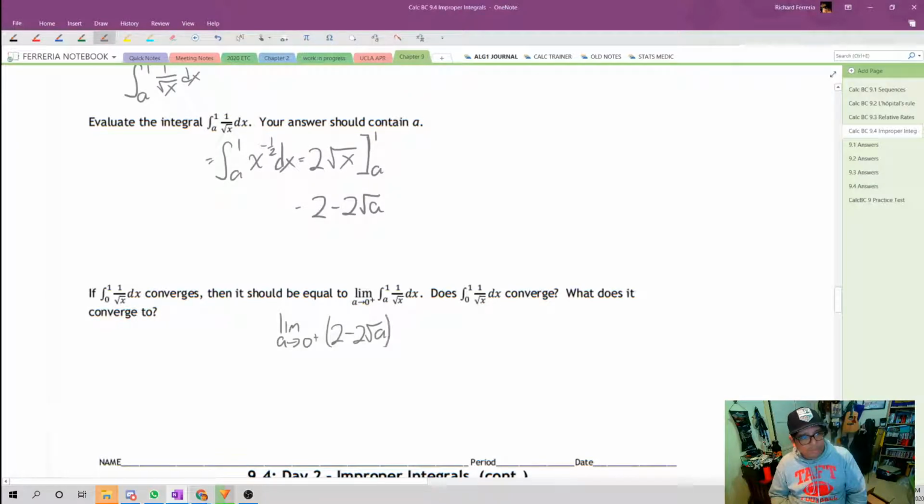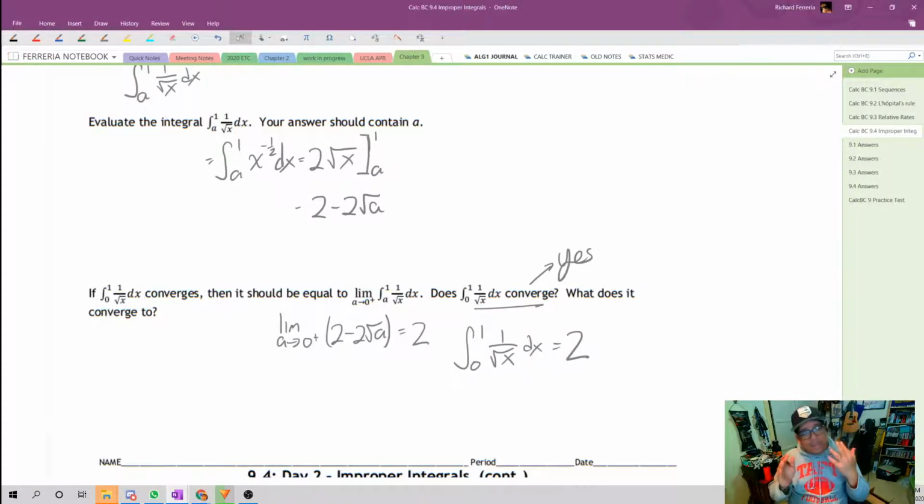And this isn't a big deal because we can directly substitute a. There's no reason why a can't be 0. This just gives me 2. So does this integral converge? Yes. What does it converge to? Well, the integral from 0 to 1 of 1 over root x dx converges to 2. So again, a region that is infinite has a finite area.